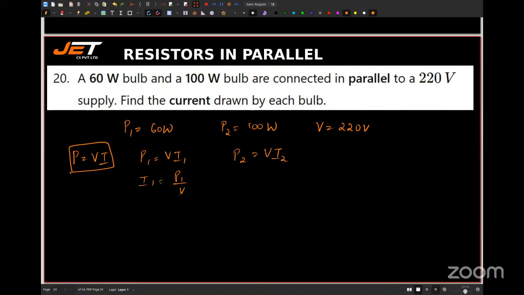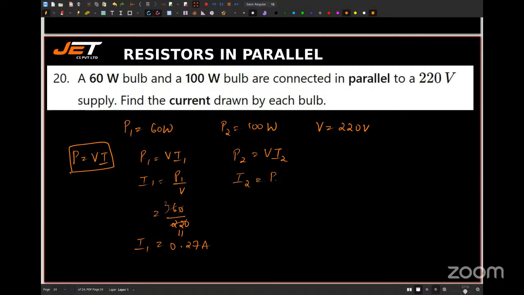P1 by V. What is P1? 60 by 220, which is, so we can cut down zeros. 3 2s are 6, 2 3s are 6, 2 11s are 22. It will be 3 by 11, and 3 by 11 is around 2.27 amperes. This is the current drawn by the P1 bulb.